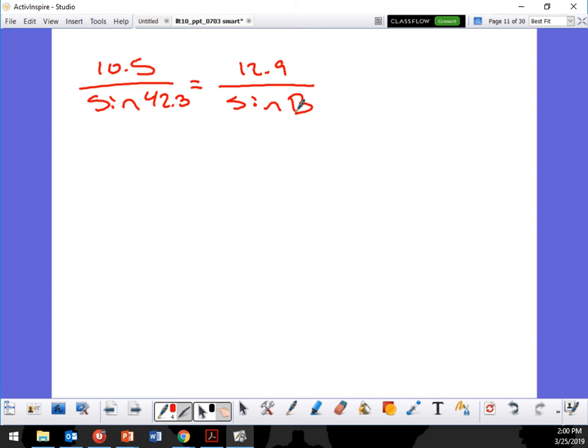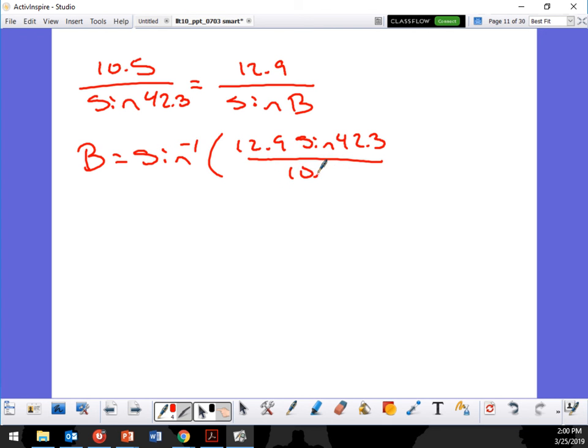So inverse sine of 12.9 times sine of 42.3 over 10.5. So B is about 55.8.